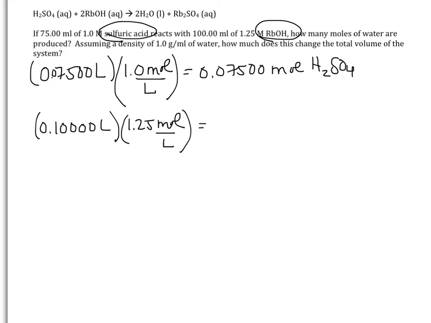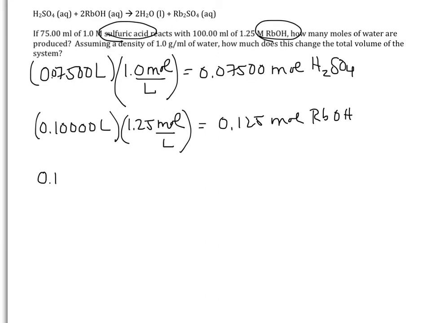Okay, and that gives me 0.125 moles of rubidium hydroxide. Okay, so now that we know how many moles of each we have, we have to figure out which one we are going to run out of first. And it might be that you can eyeball this one, but I think it's always good to know how to do the reaction, or the calculation. So I'm going to pick the rubidium hydroxide this time.